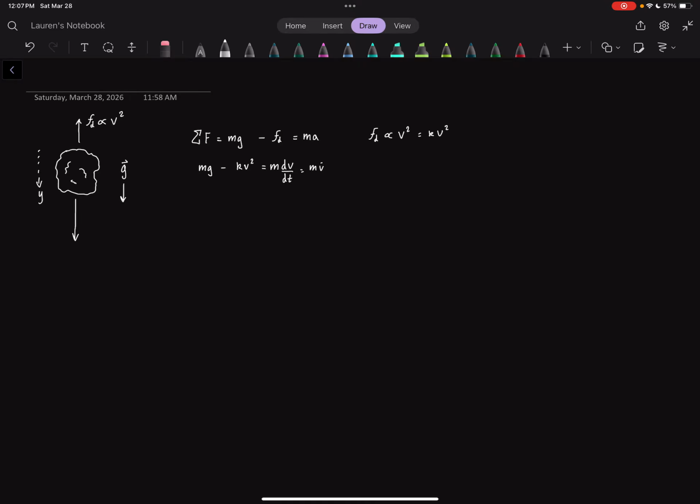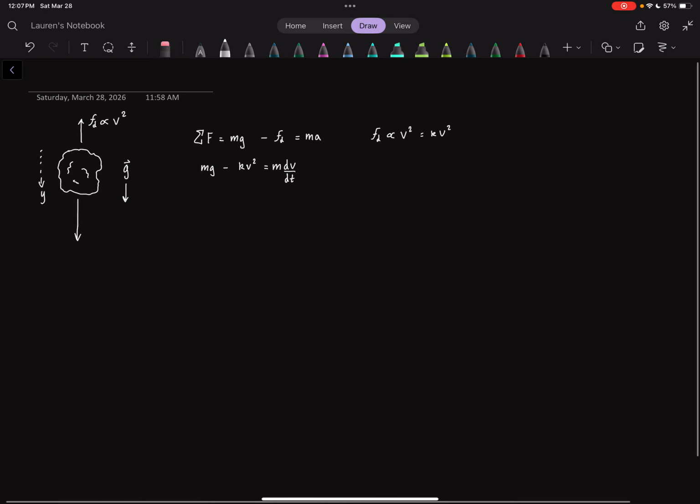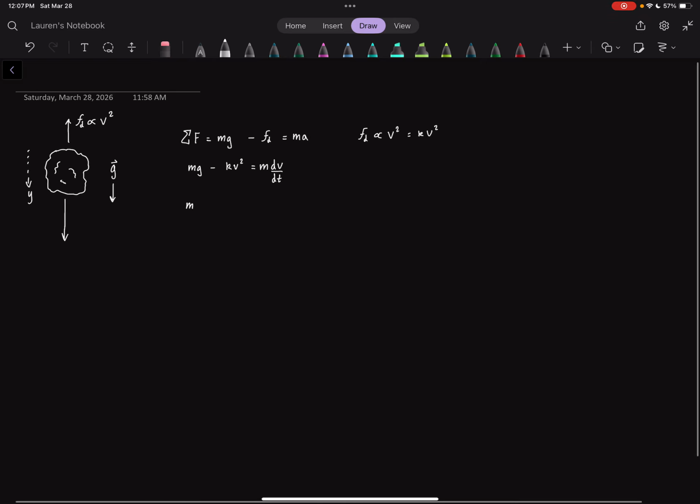So we're actually going to leave acceleration in terms of dv dt, and we're going to separate the dv and the dt. So we have m dv dt being equal to mg minus kv squared. What we want is all of the v terms to be on the same side.